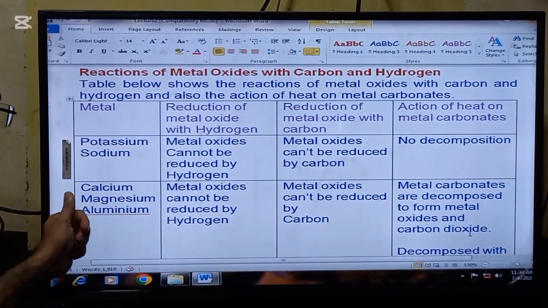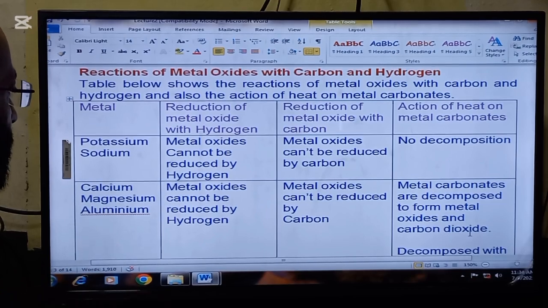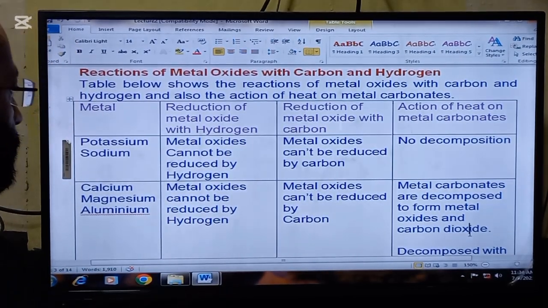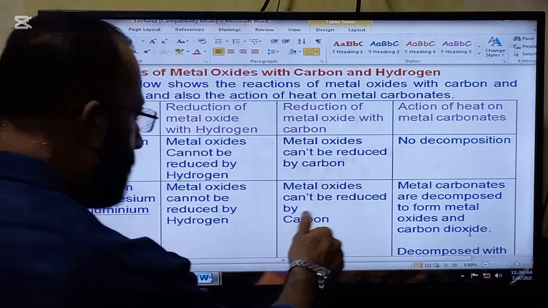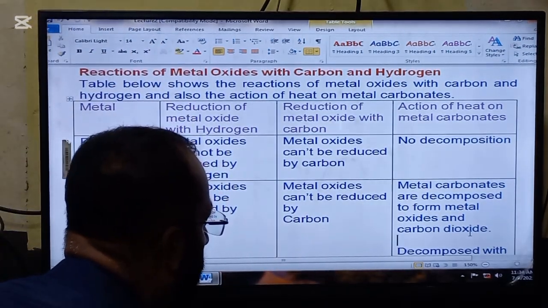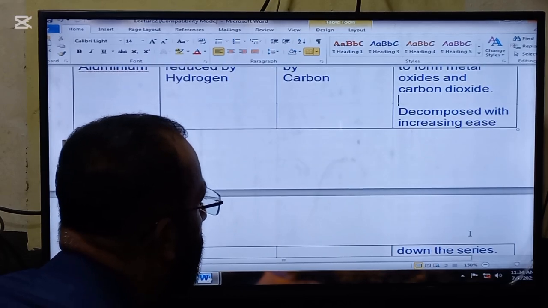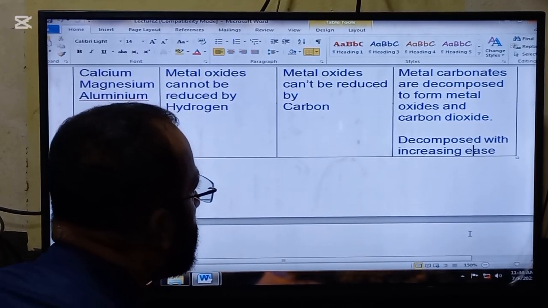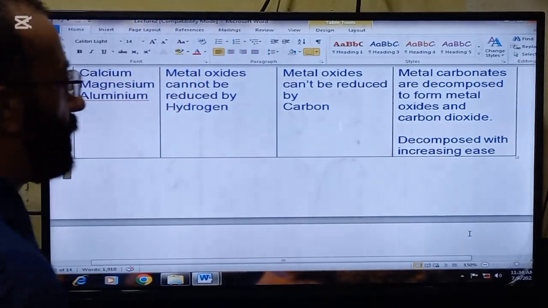Next three metals: calcium, magnesium, and aluminium. Metal oxides cannot be reduced by hydrogen. Metal oxides cannot be reduced by carbon either. And metal carbonates are decomposed to form metal oxide and carbon dioxide.